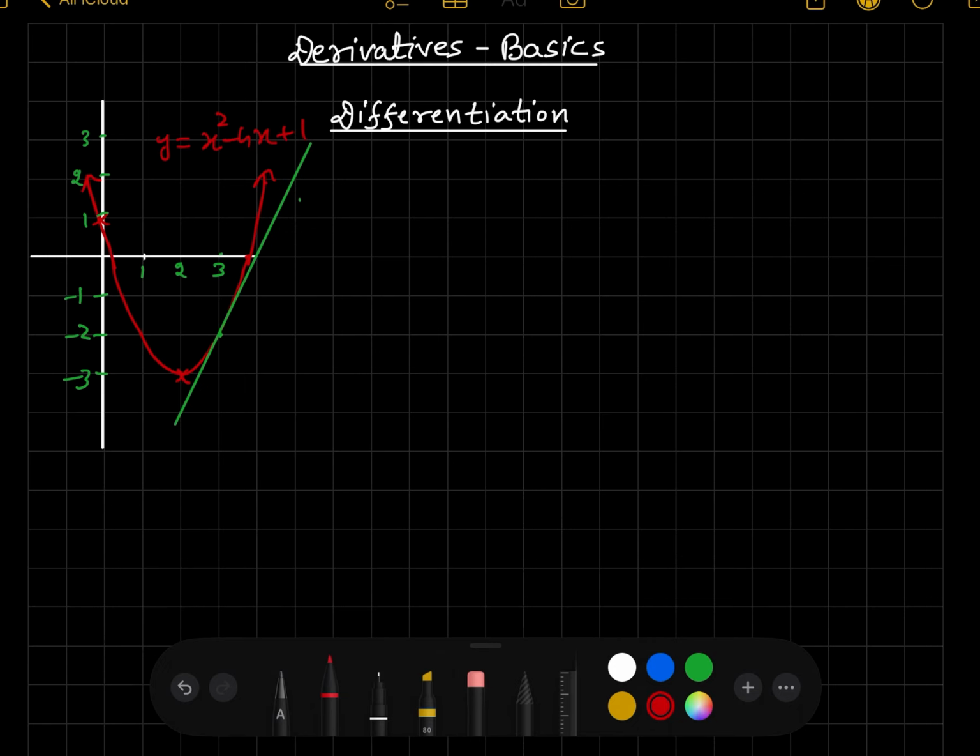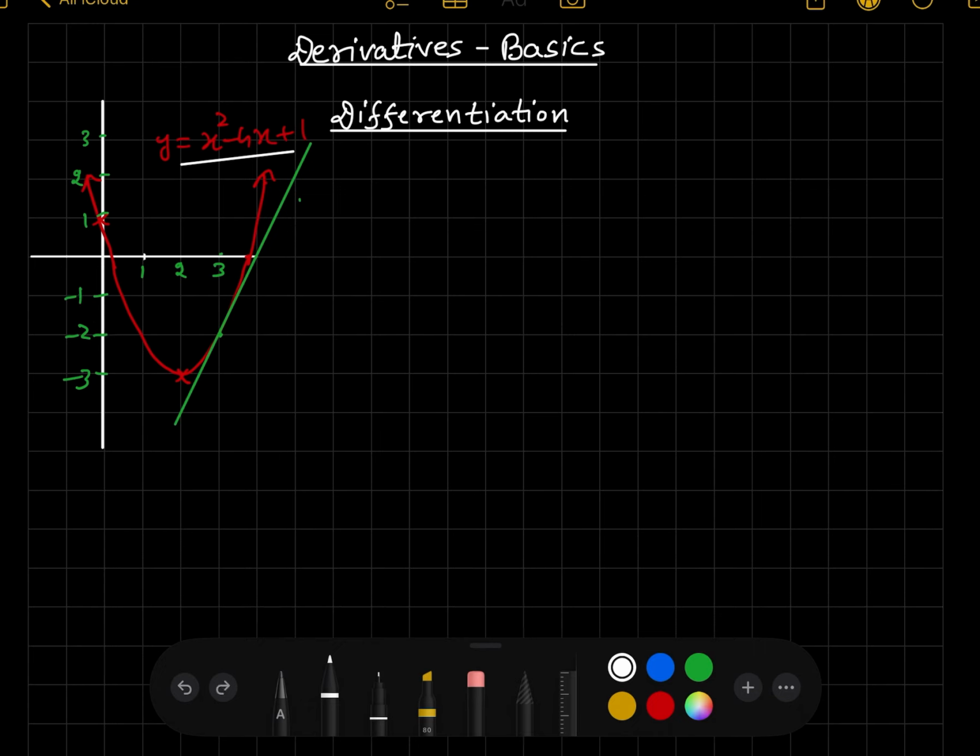To understand that, I have drawn a parabola, a quadratic function y equals x square minus 4x plus 1. Say I have to find the turning point of this curve. Coming from the left hand side, the graph is decreasing, the y values are decreasing.